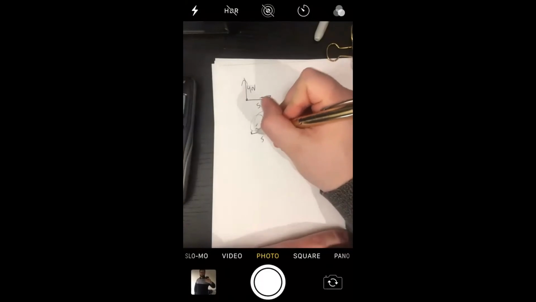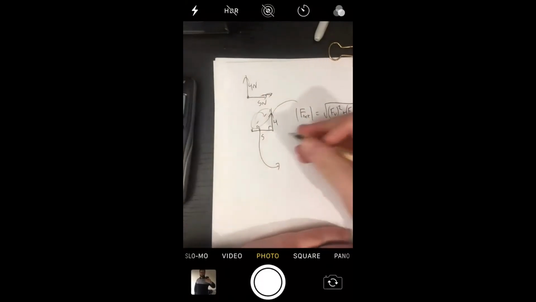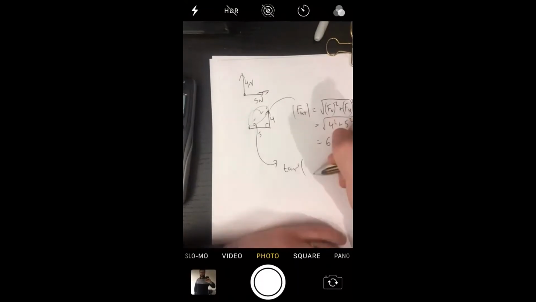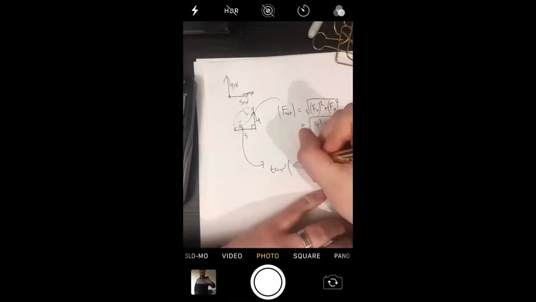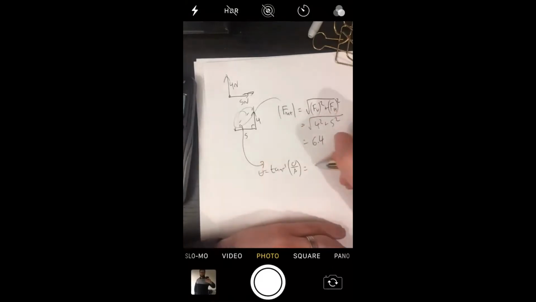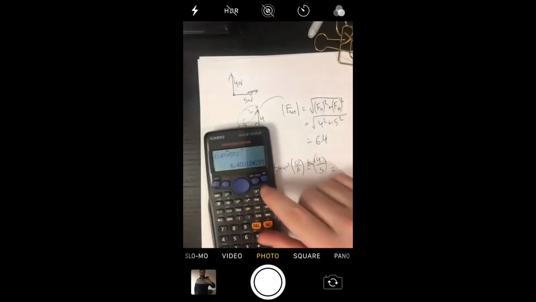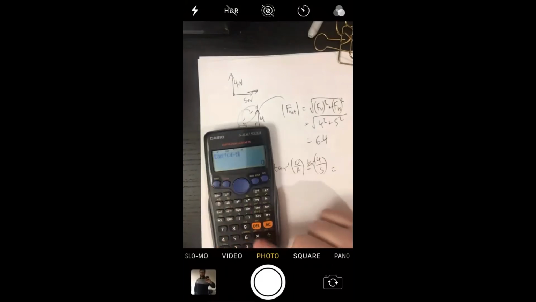What about the direction? To work out the direction, we're going to go inverse tan. This is why I showed you guys how to do this at the very start. Inverse tan of opposite over adjacent, which is going to be the inverse tan of 4 over 5. Inverse tan of 4 divided by 5 gives us 39 degrees.